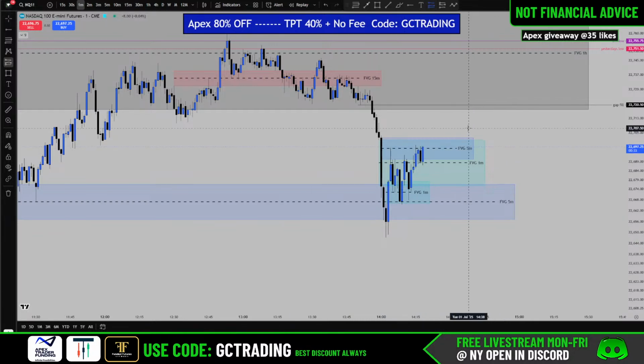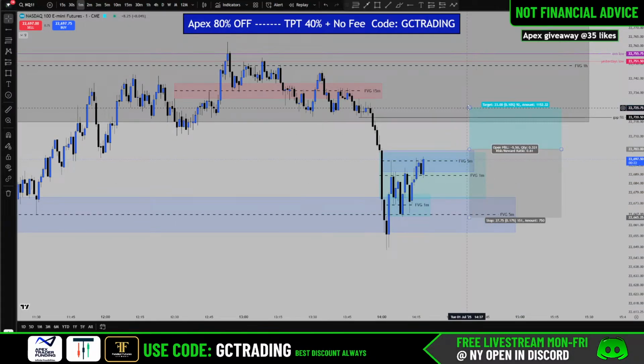Something like this, a safe stop would be right here. A little bit tighter stop would probably be right there. Yeah, probably somewhere right there, honestly. Yeah, target.